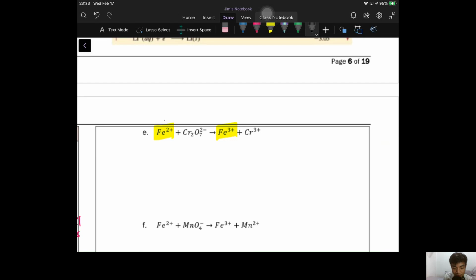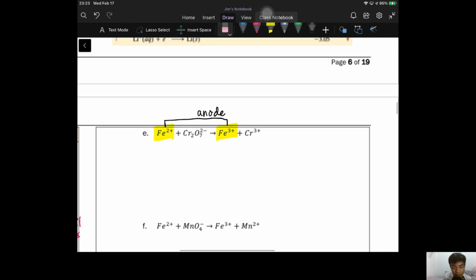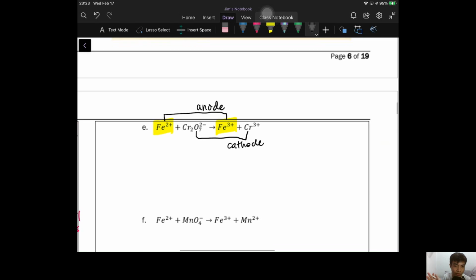Siya yung oxidation. Gamitin nyo yung concept ng oxidation numbers. So, kung yan ay anode, that means ito ay cathode. Work smart na. Kailangan isang tingin nyo pa lang maging familiar na kayo. Tumaas yung charge ng Fe. Ibig sabihin nun, losing electron. Yun ay oxidation or anode. Okay? Then yun natira, ito yun yung cathode. Okay? So, work smart para mabilis mag-solve.